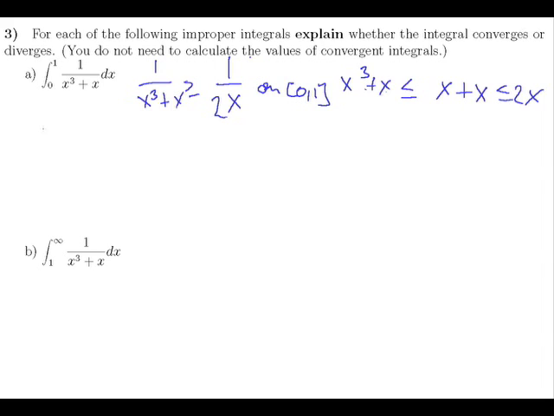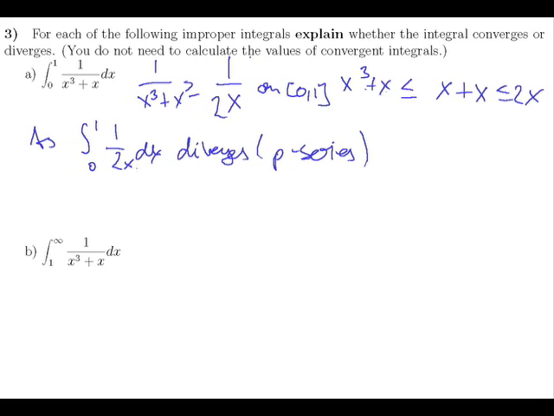Right, now we can prove that it diverges. We know that the integral from 0 to 1 of 1 over 2x dx diverges. Namely, 1 over x is a p-series. The factor 2 here is just a constant factor which doesn't affect convergence.